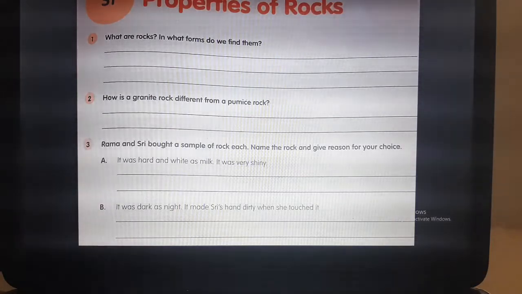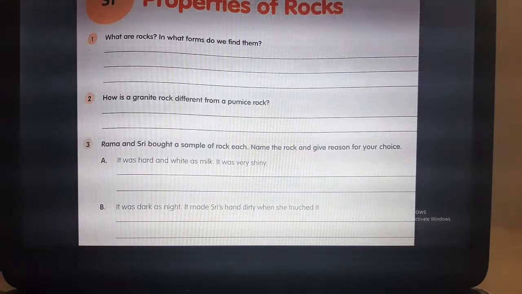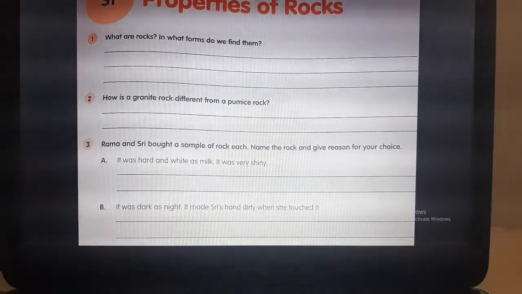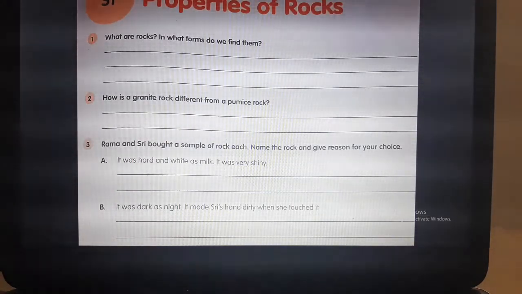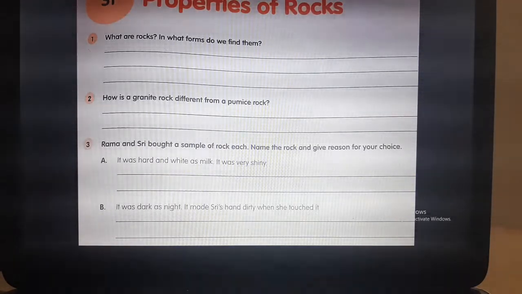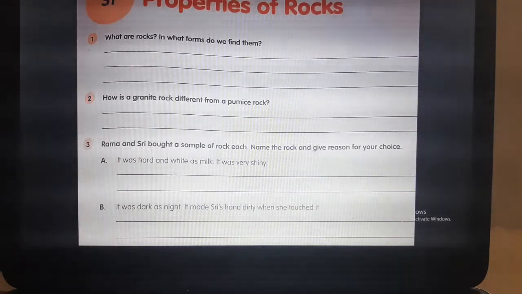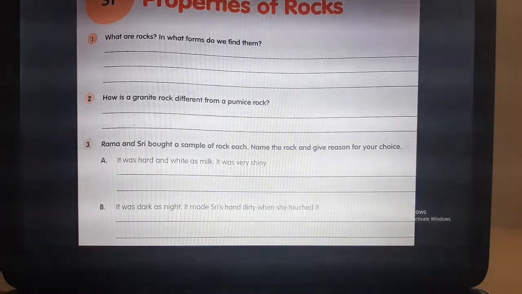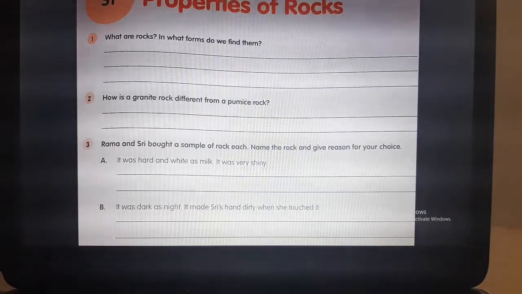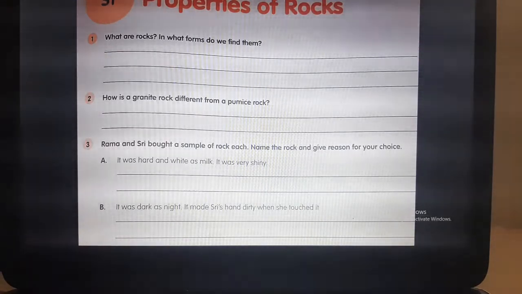First, it is hard and white as milk and very shiny. Which one is milky and shiny?